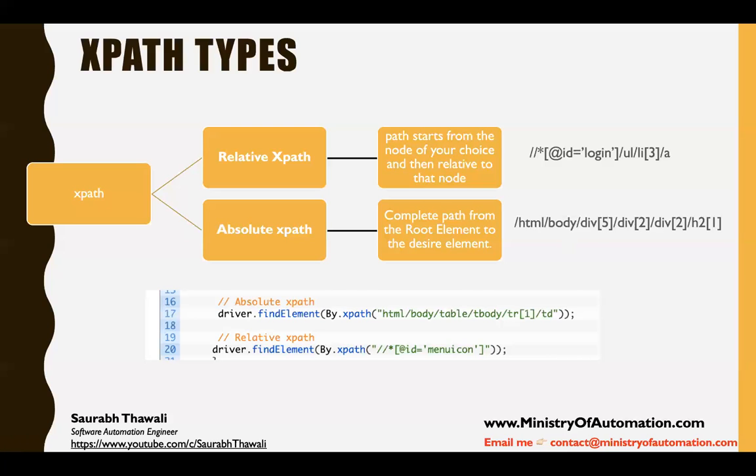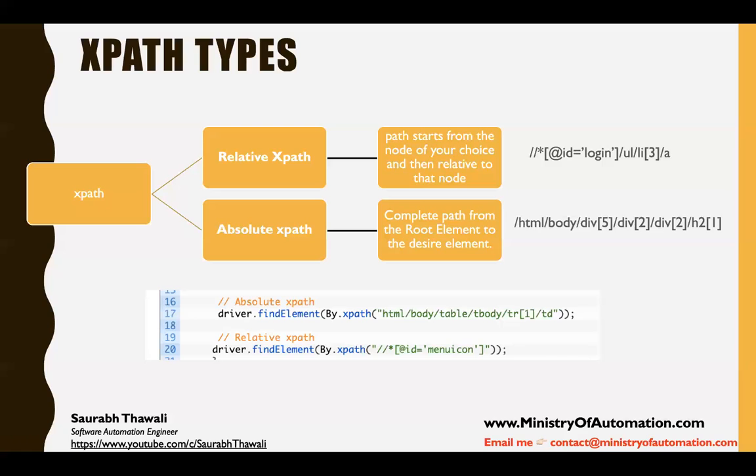But this type of question sometimes people ask in an interview: why should we be using a relative XPath and not an absolute XPath, right? So the good answer for this is, of course, the first one is that absolute XPaths may be big XPaths which we may not be able to understand, or may not be able to maintain.